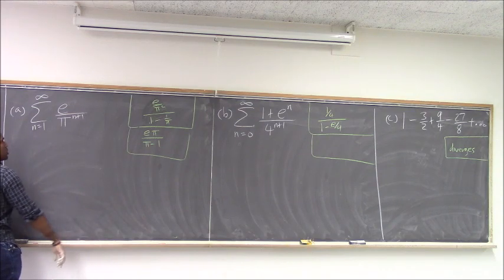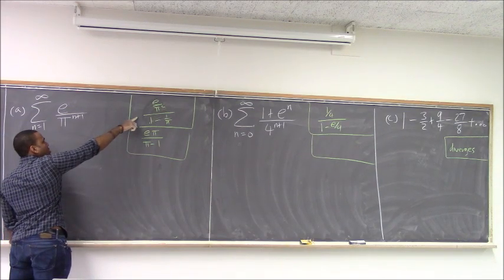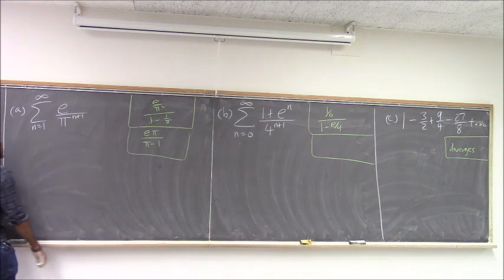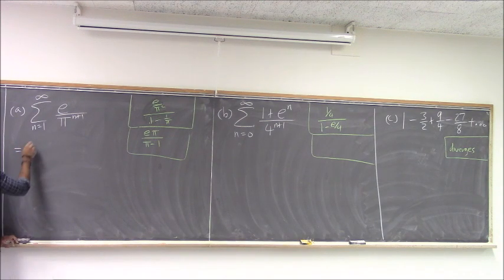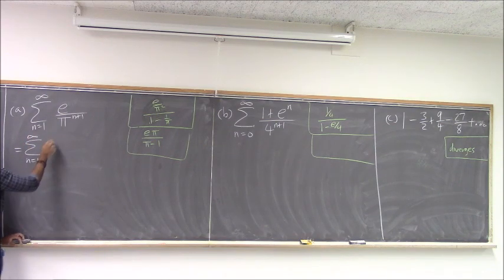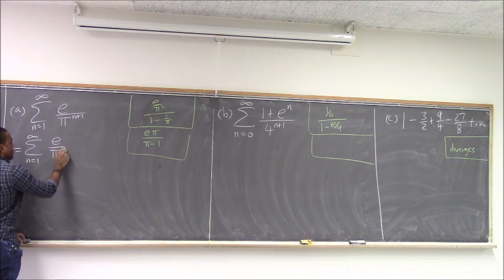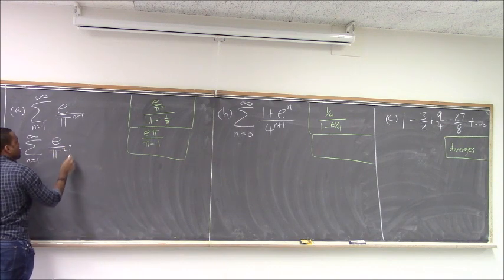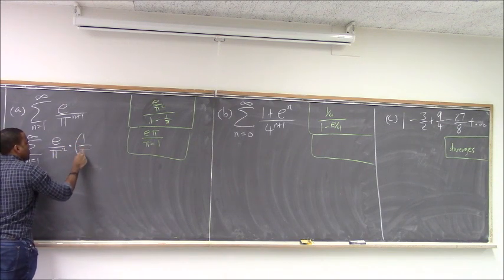Who told me this? I did. Okay. What did you try to do? I tried to write it in like the summation or any function we're going to do. e over pi squared times 1 over pi to the n plus 1.